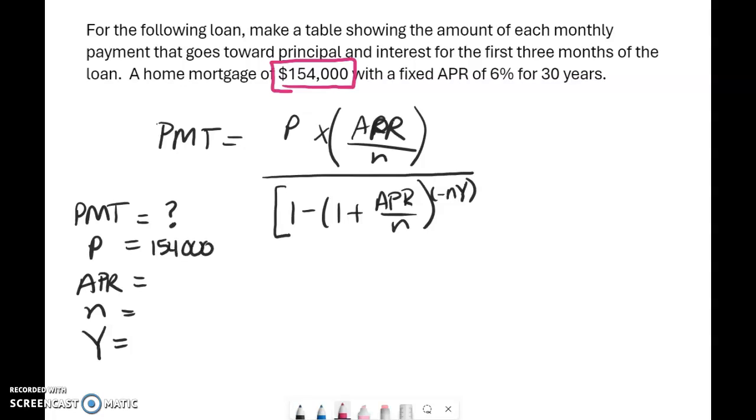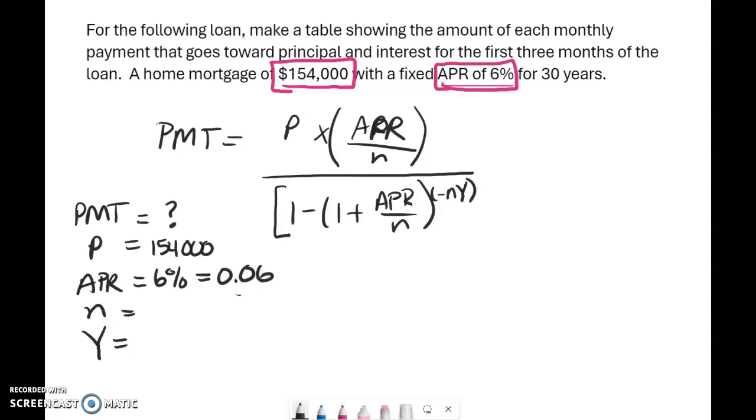The APR is typically easy to find in the problem because you look for the percent sign, but whenever we're using any of those formulas from chapter 4, we always want to write our interest rate as a decimal. So I drop the percent sign and I move the decimal point 2 places to the left.